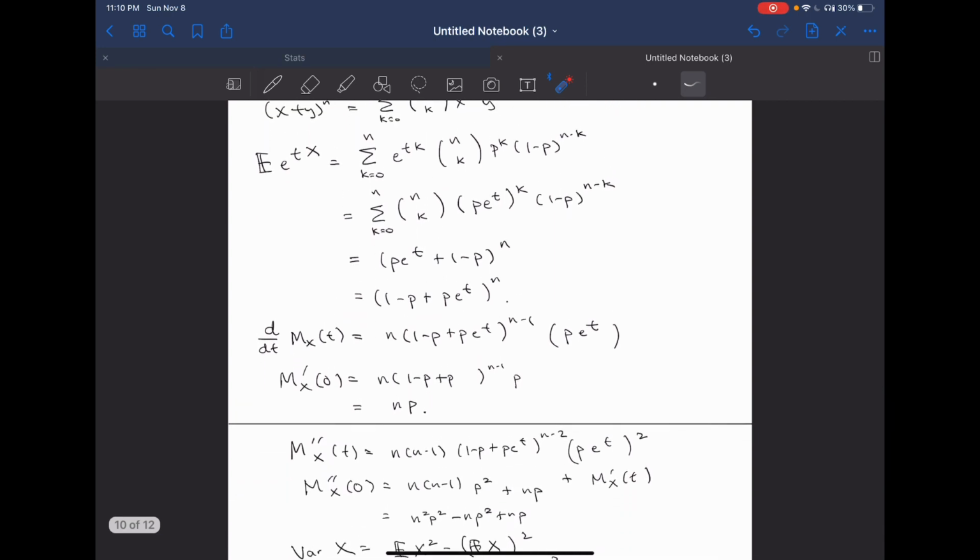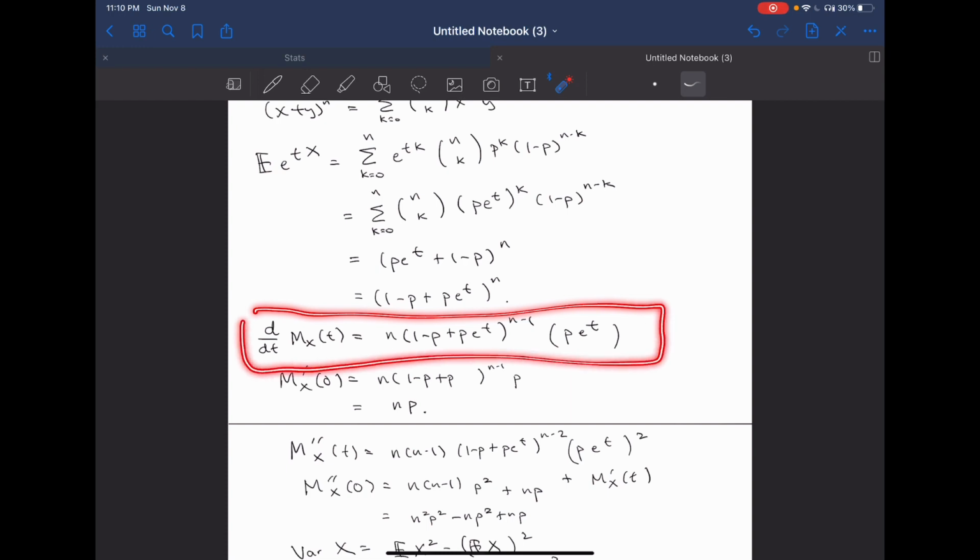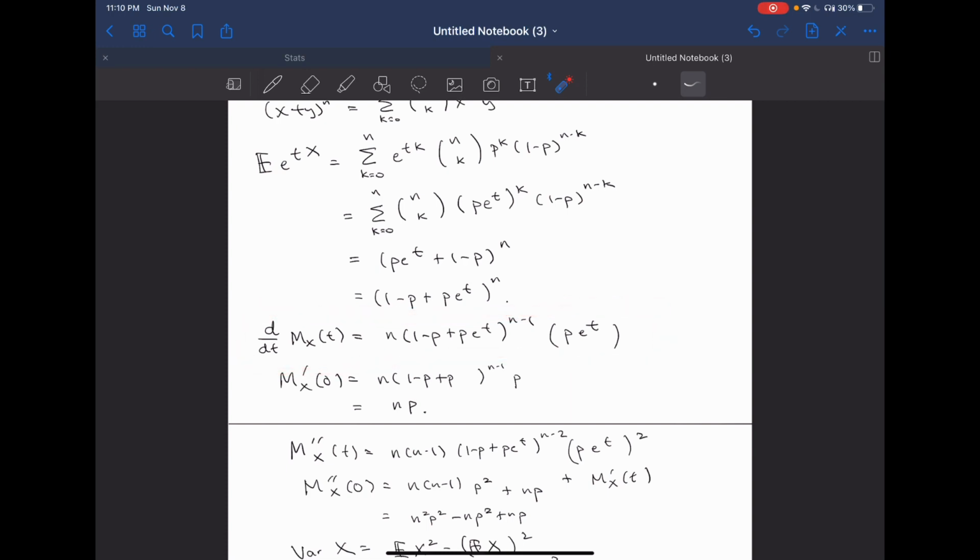Now, if you take the second derivative of the moment generating function, all we have to do is take another derivative of the first derivative. Again, it's the same procedure. We have a power rule, so we have n times n minus 1 to the power n minus 2, and then we apply the chain rule again. We already had a p e to the t here, so by applying the chain rule, we're going to have it twice, so we square p times e to the t.